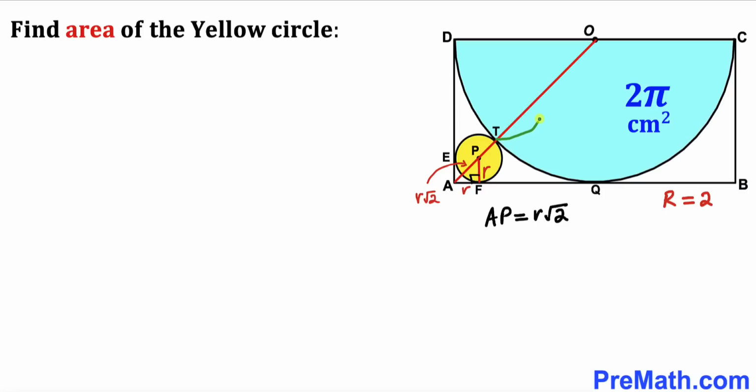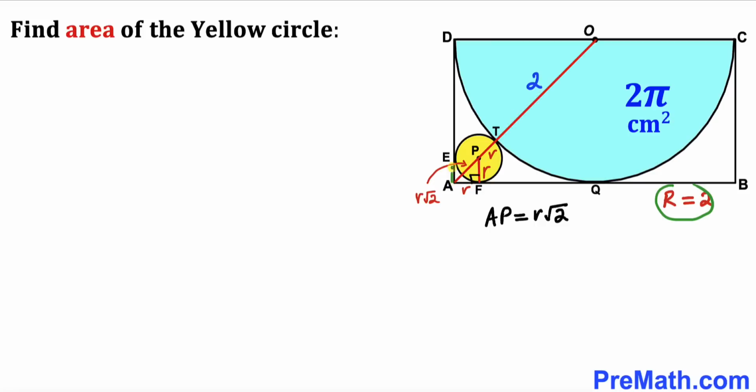We know that this OT is the radius of this blue semicircle, and we know this radius is 2 centimeter. Now let's focus on this PT distance. This is the radius of this yellow circle. Let me call this one our radius lowercase r.